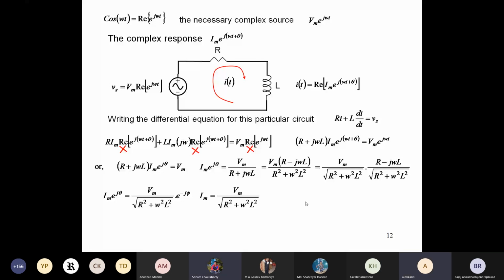You can see this Im is equal to Vm by this; the first part is basically Im. Cos phi is R by this, and sin phi is basically omega L by root over R square plus omega square L square.